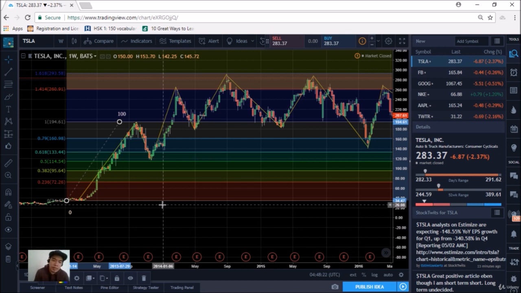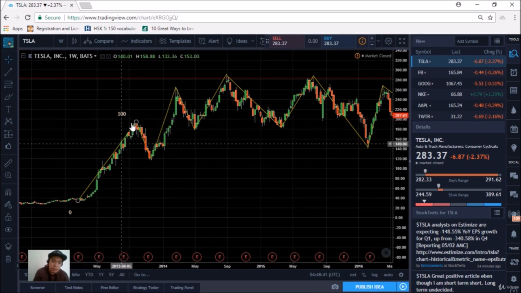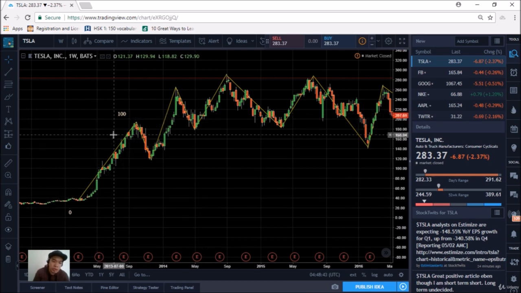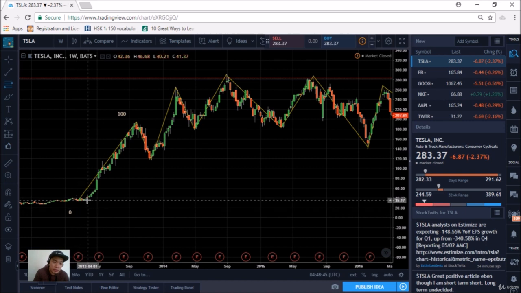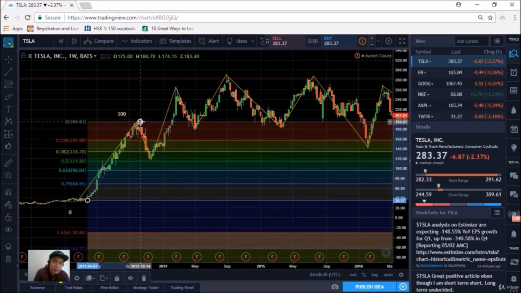What I mean by it being different from other Fibonacci analysis is that we usually use this as the 0 point, and this as the 100 point. In a normal condition we use this as 0, and this as 100. So it's going to be like this. You can see that this is 0.